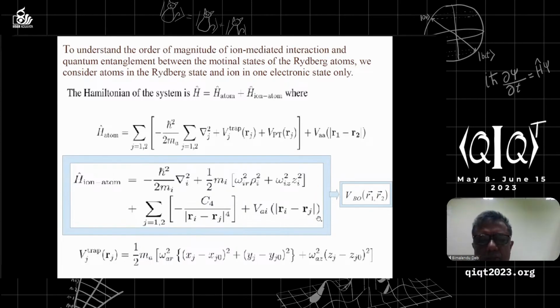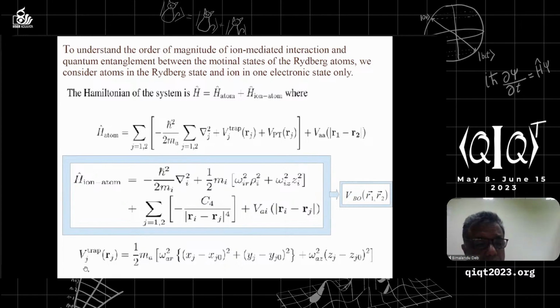And then we solve the atomic part using these Born-Oppenheimer potentials. The Born-Oppenheimer approximation means that the atomic wave function and ionic wave functions are separable. So there is no entanglement between the ionic part and the atomic part. But since we are considering two atom states, these two atoms can be entangled.